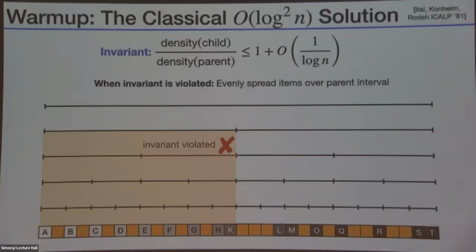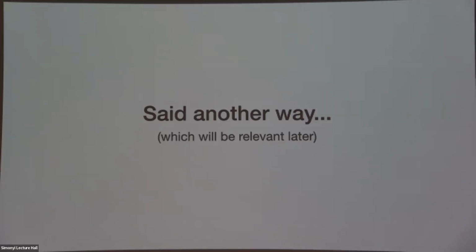Okay, so before I tell you why this gives log squared n, let me belabor this algorithm by saying it in a different way. The reason I want to do this is because later we're going to see a variant of this algorithm, and it will be useful to talk about it in slightly different language.